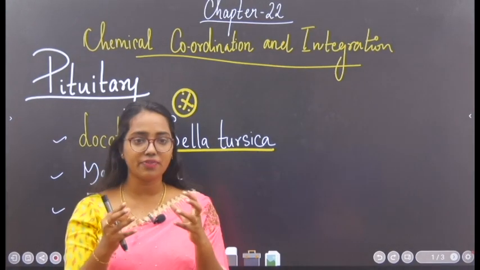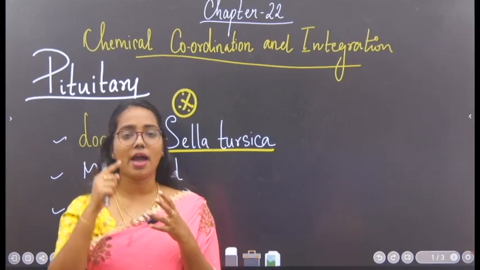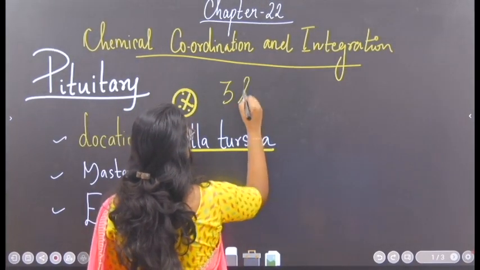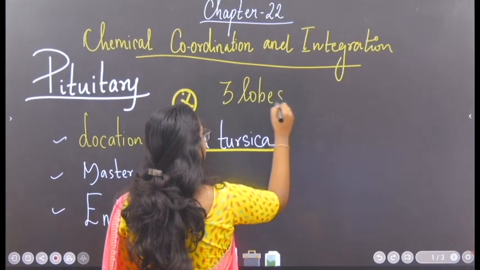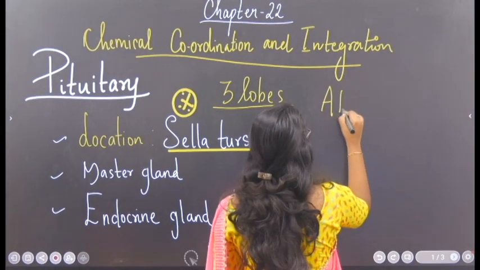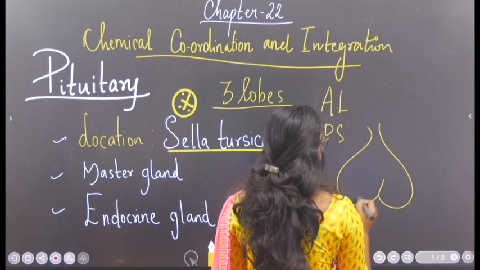The pituitary gland contains three different lobes: the anterior lobe, the posterior lobe and the intermediate lobe. So, how many lobes are present? Three lobes. In general, they will tell only two lobes, the anterior lobe and the posterior lobe, which in the diagram I can represent like this.